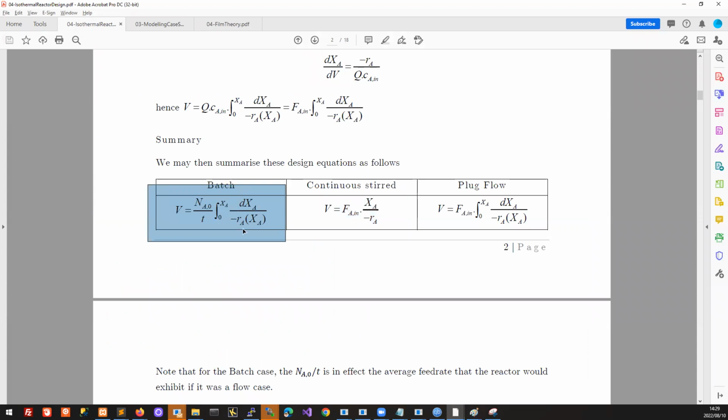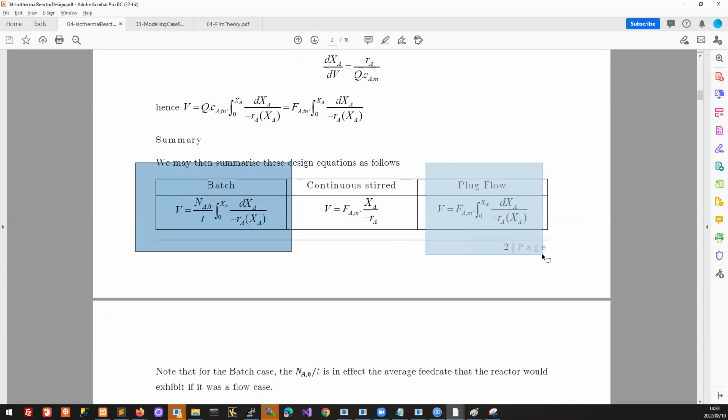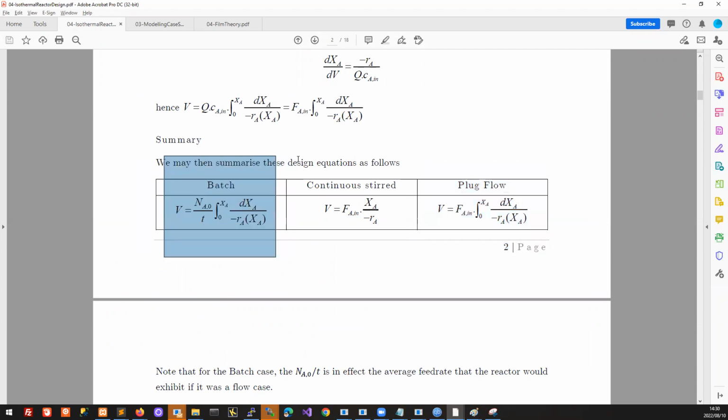It's the integral of 1 over RA with respect to x. That's the same as the plug flow. Again, we have this FA naught type of thing out here, but otherwise it's the same. So the batch reactor seems to have the same volume requirement as the plug flow reactor, and both of them have a smaller required volume than the CSTR. Any questions or comments on that?